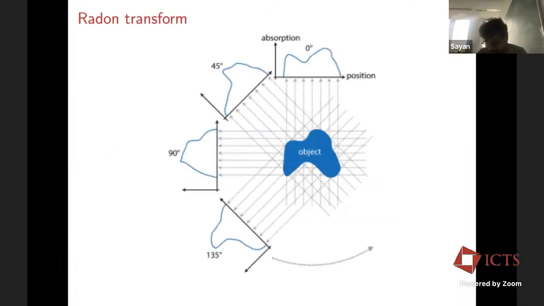Okay, so this is a picture that I wanted to show you. This is a Radon transform. So if you collect, let's say a tumor, or let's say you collect a bone, and you want to digitize it and put it in your computer, the typical way this is done is there's a machine and the machine radiates it and looks at the projection, and does this in many, many directions.